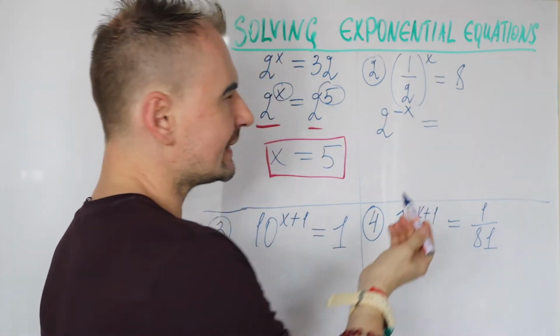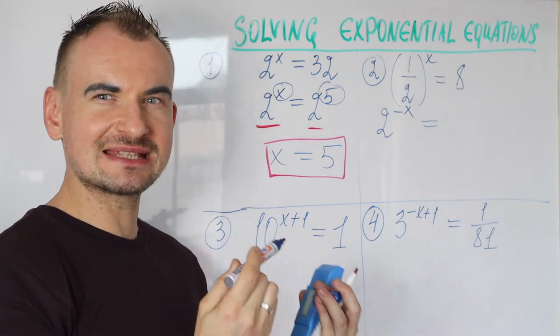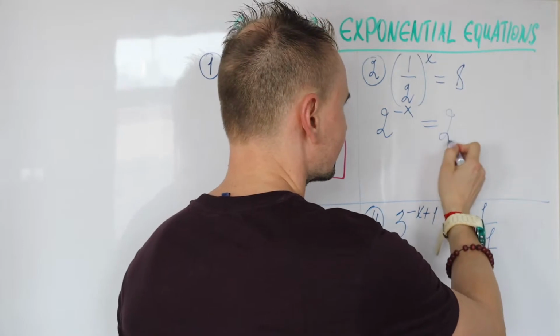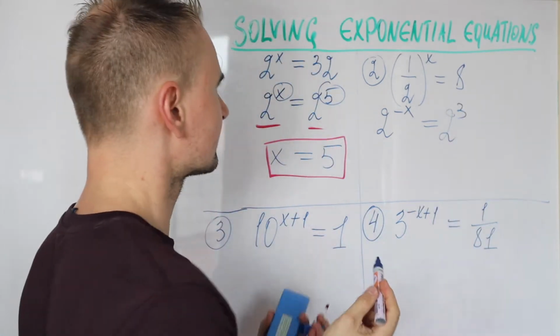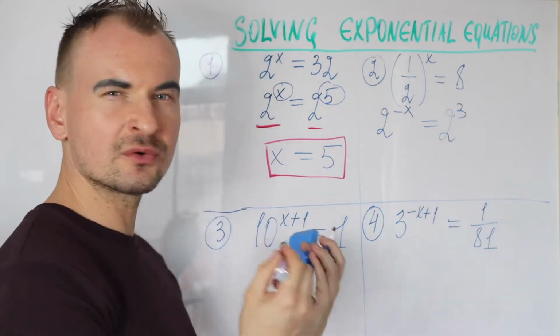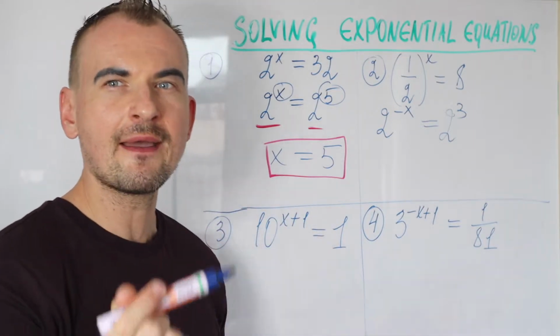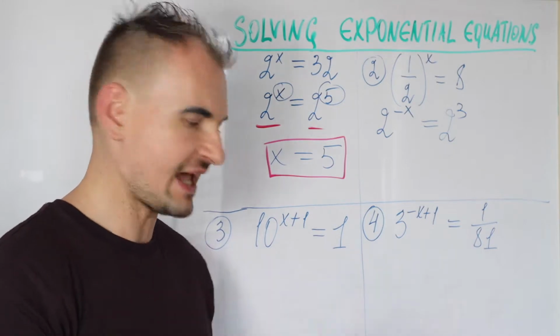And again, 8 is expressible as a power of this base 2. It is 2 cubed, since 2 times 2 times 2 gives you back 8.